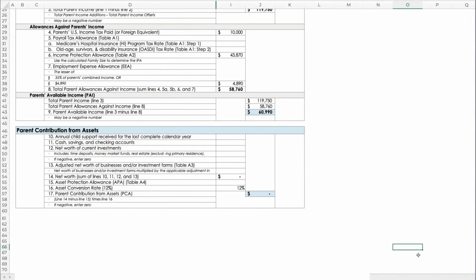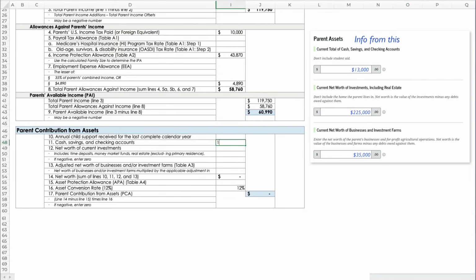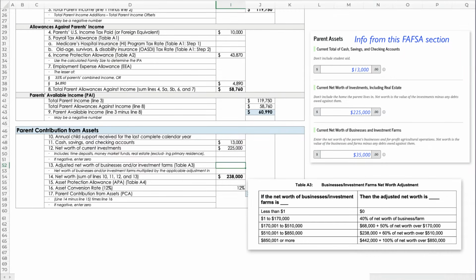Now let's calculate the parent contribution from assets. This family has $13,000 in cash, checking, and savings, and $225,000 in net investments. The amount of net business income that is included is based on Table A3.